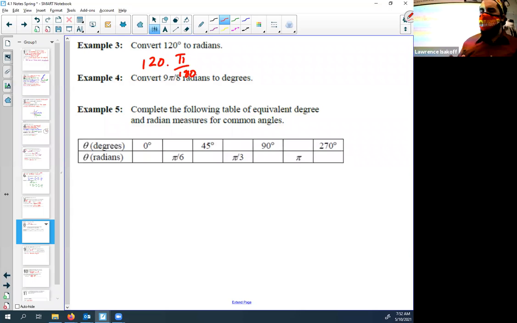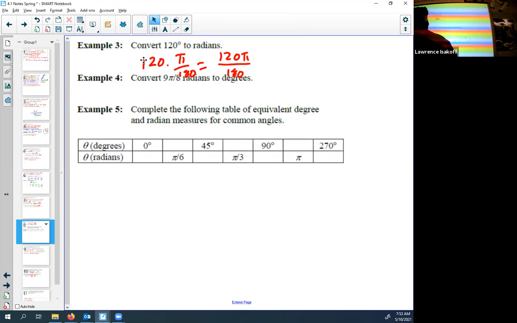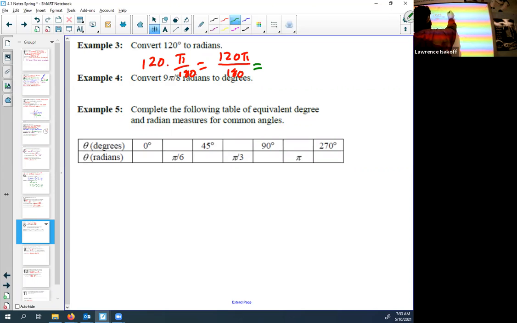Just going to multiply. I'm going to say 120 pi over 180. Both those numbers are divisible by 60. So I reduce this, and this reduces to 2 pi over 3.